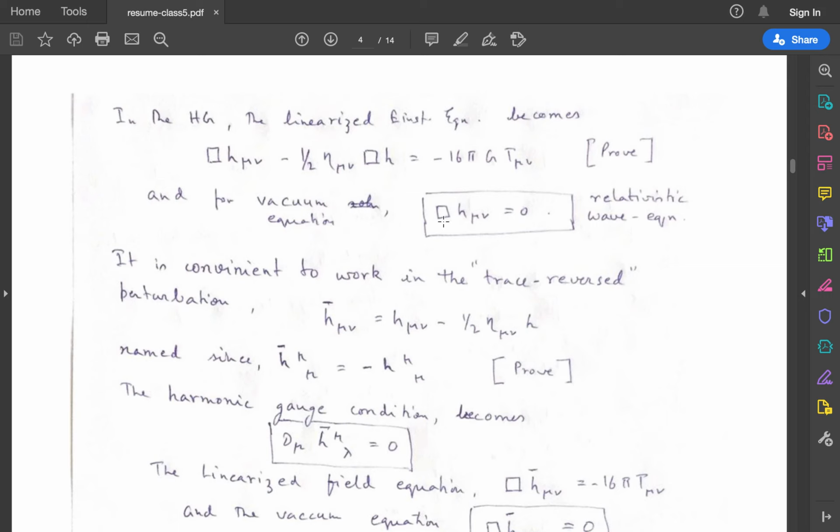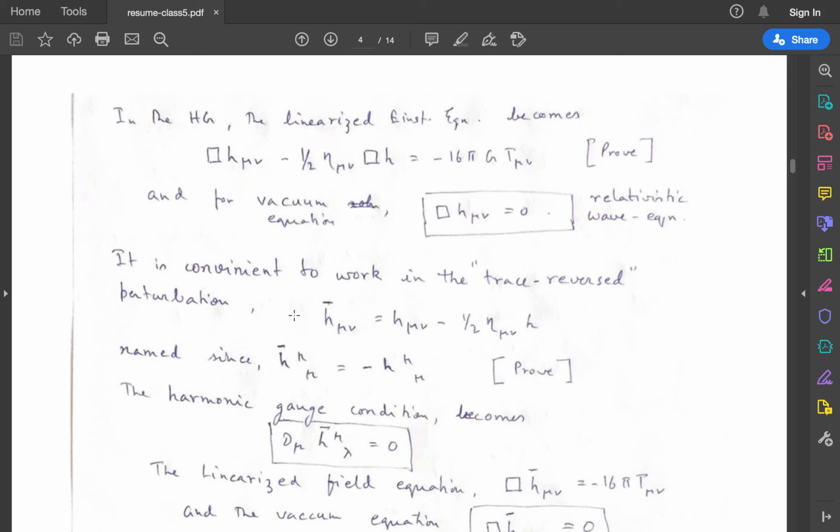So we have derived the relativistic wave equation, which is the solution of the linearized Einstein equation in vacuum. However, you will understand when we proceed later that it is more convenient to work with the trace-reversed perturbation.